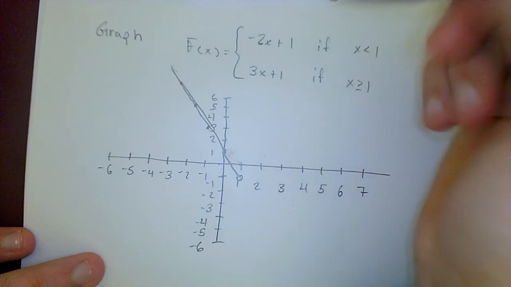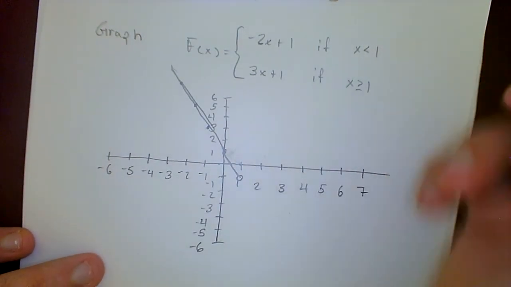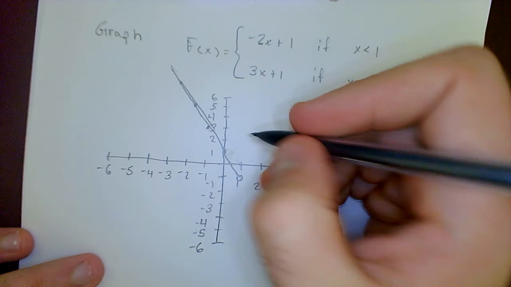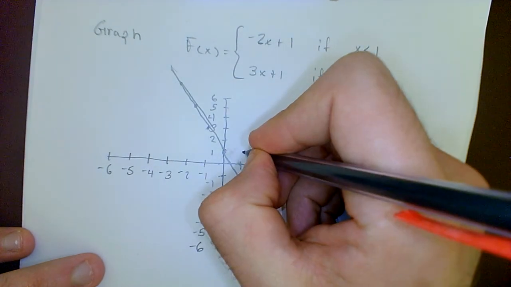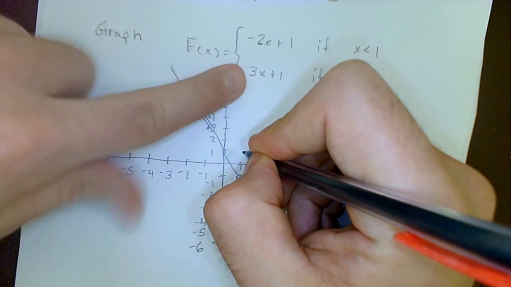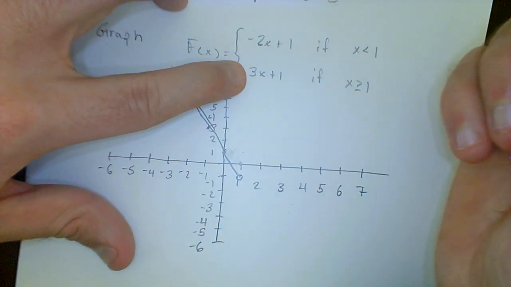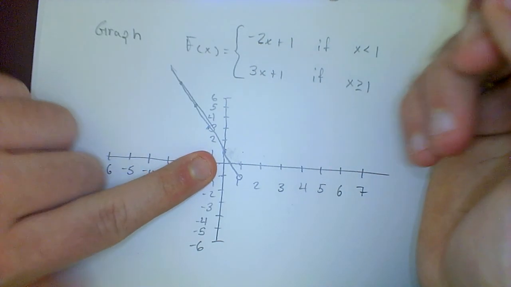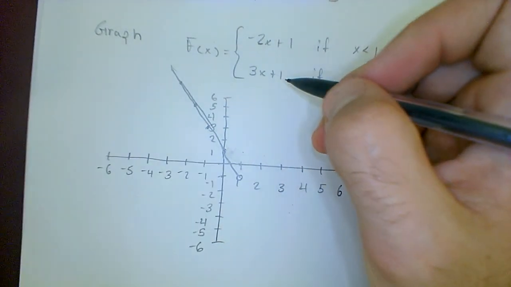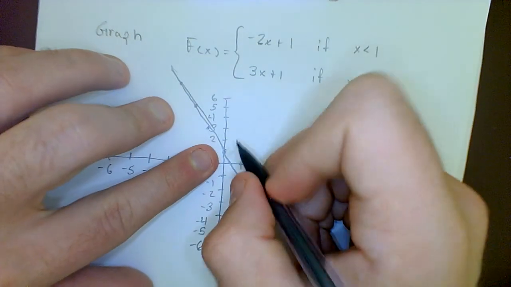Not this one. Okay, so now if we graph this side, if we're greater than 1, we still have a y-intercept of 1, and the slope is 3. So here we can just start graphing. If we pick 0, 1, we know the y-intercept here is 1, but that's not in our graph.